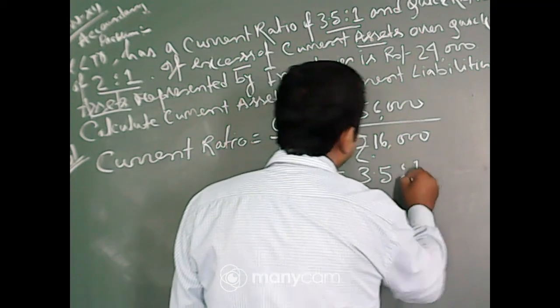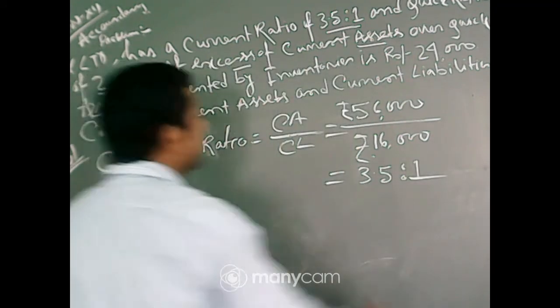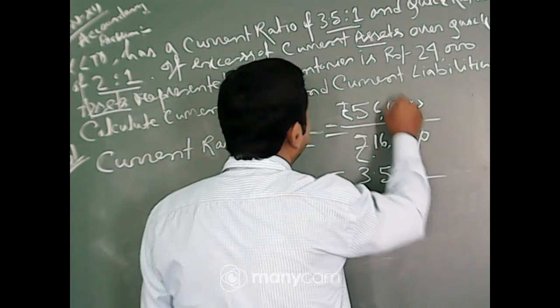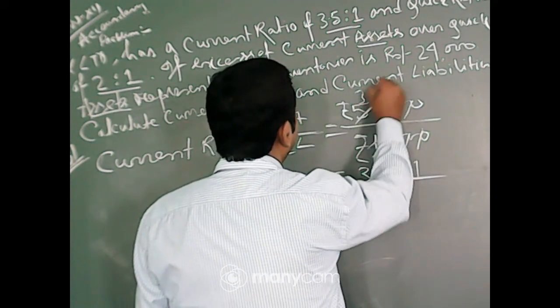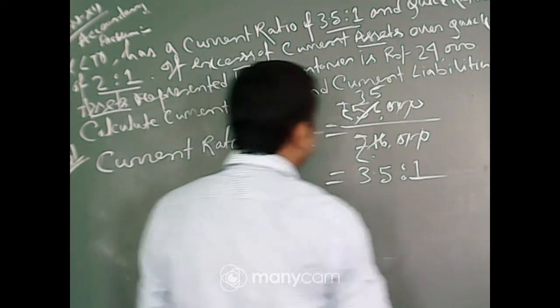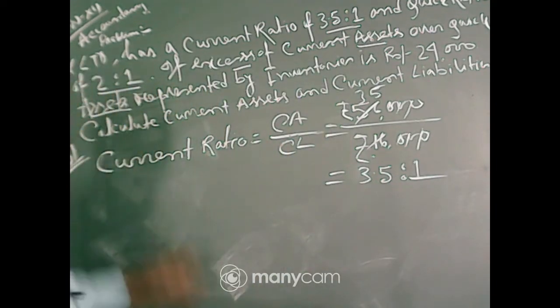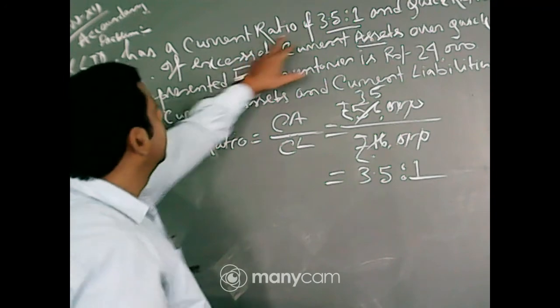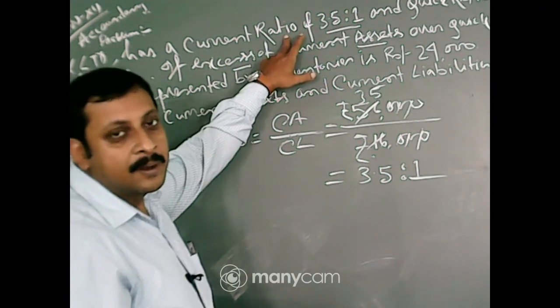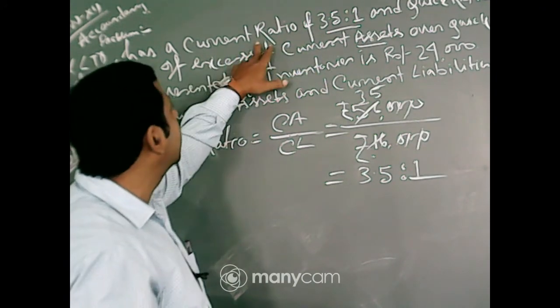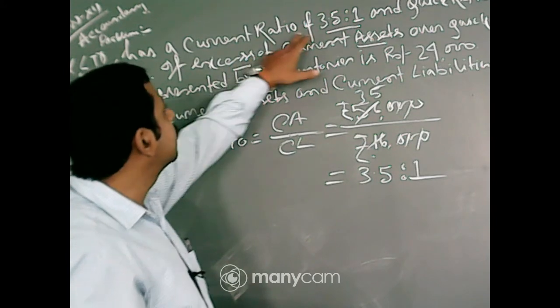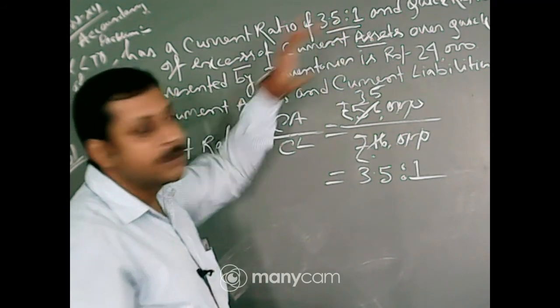Just divide it, that will come 3.5:1. 3.5 in the numerator and the denominator is 1, so the ratio is 3.5:1, and that matches what the problem gave. In the problem you find the current ratio of 3.5:1.